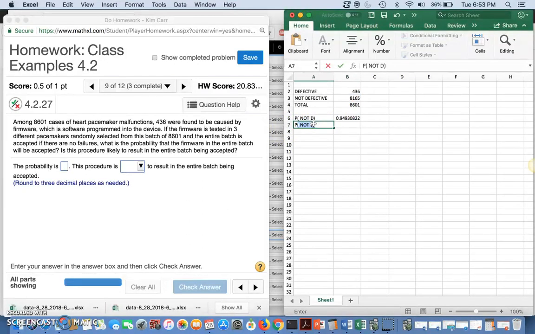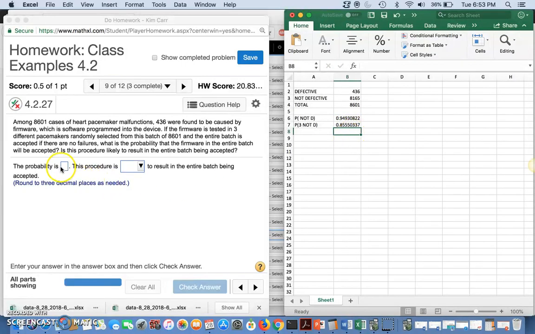Now, the probability of 3 not defective is going to be the probability of 1 actually cubed. So, we want to say equals this number right here, and we want to raise that to the 3rd power.